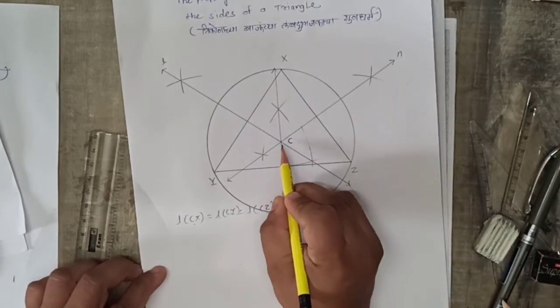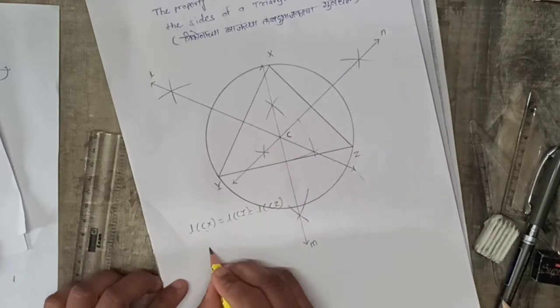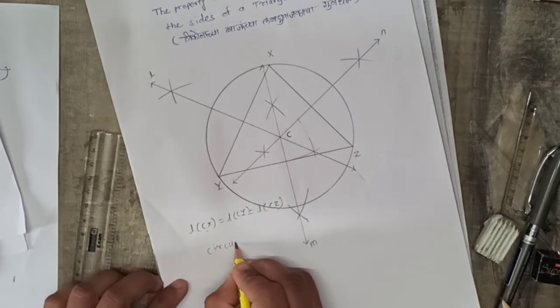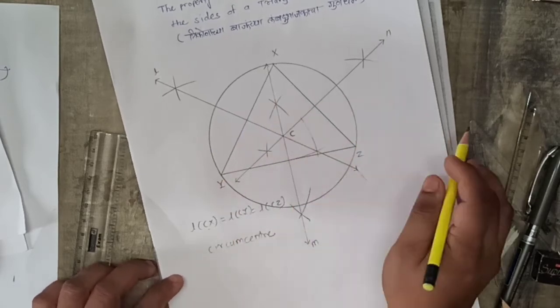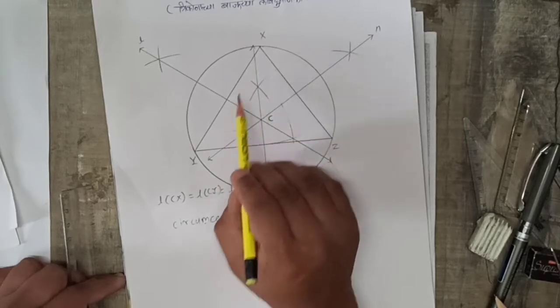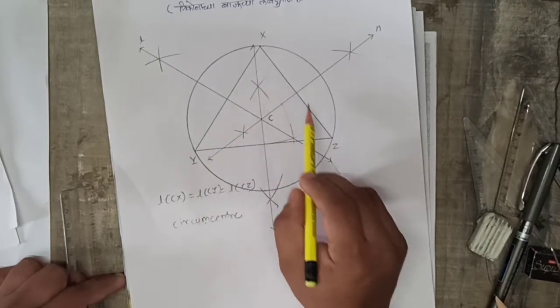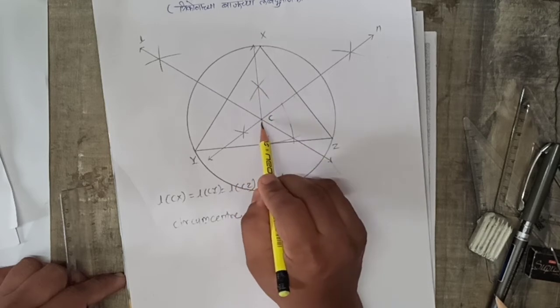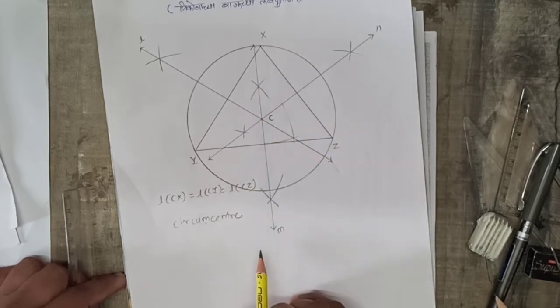So this point of concurrence is called a circumcenter of this triangle. Okay, understand it? As this is an acute angle triangle, and when we draw a perpendicular bisector of each side, the point of concurrence is in the interior part of the triangle.